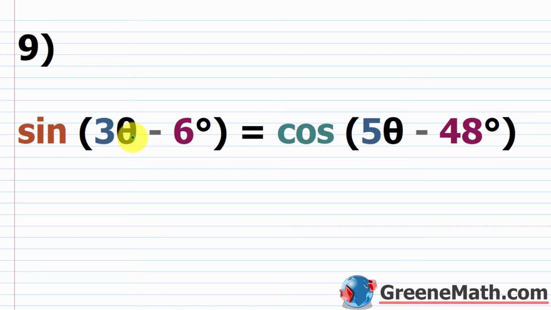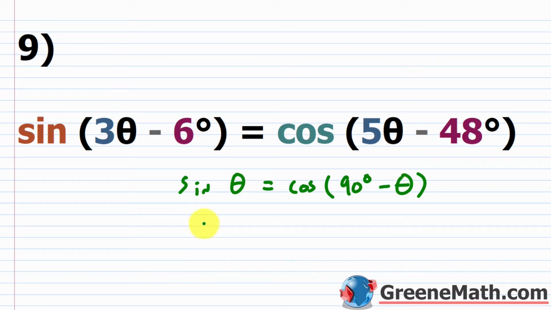So what you would do here is realize that, again, if you have the sine of some acute angle theta, this is equal to the cosine of 90 degrees minus theta. But if you think about the sum of this plus this, it's going to be 90 degrees. You could say theta plus your 90 degrees minus theta. Well, if you add all that together, you're just going to get 90 degrees.